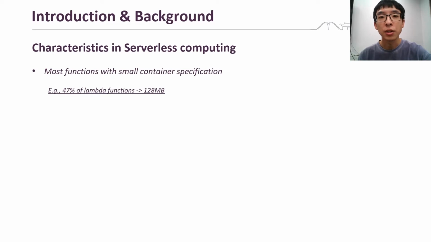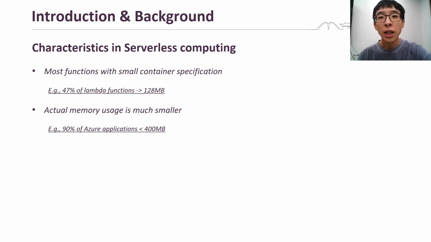For instance, 47% of Lambda functions run with a minimized memory specification in AWS. Second, the actual memory usage of a container may also be smaller than its specification. As Eryu reports, about 90% of applications never consume more than 400 MB of memory.